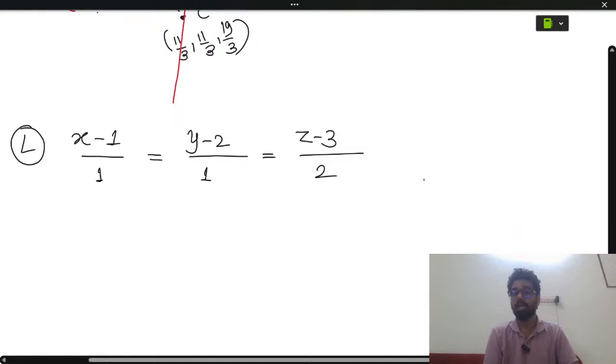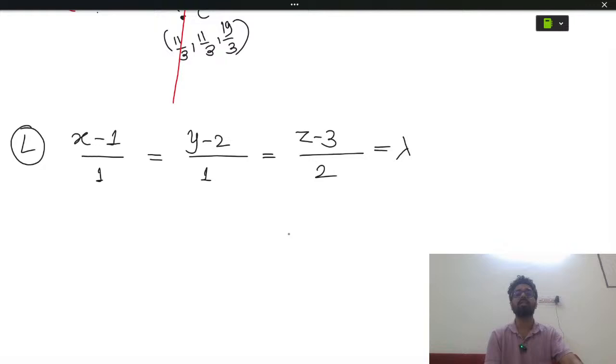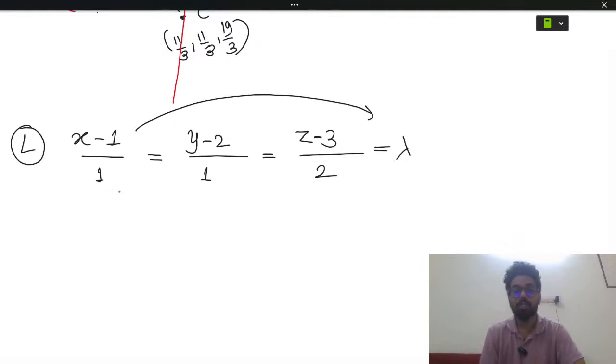Now if you want to get a point from a line, all you need to do is equate it with lambda, or any other arbitrary constant or variable, though the correct term is arbitrary constant. Now all you have to do is compare one by one. If you compare x minus 1 by 1 equals lambda, you will have x equals lambda plus 1.